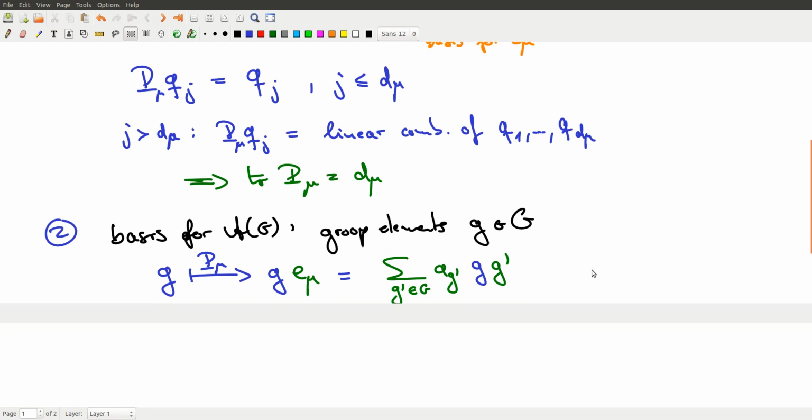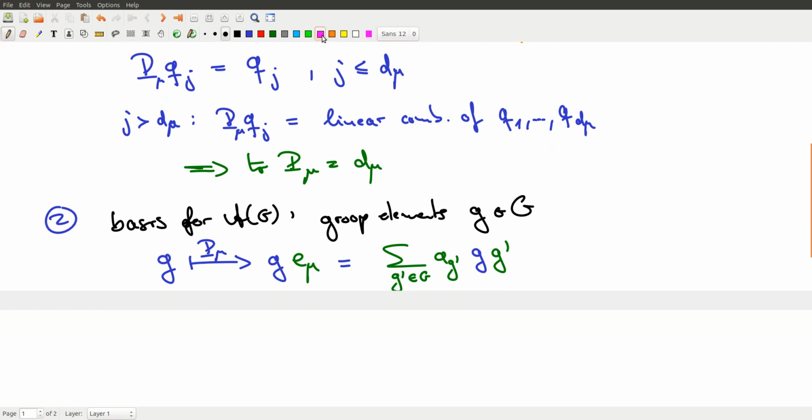And now this term here will be on the diagonal if this thing here is just g again.